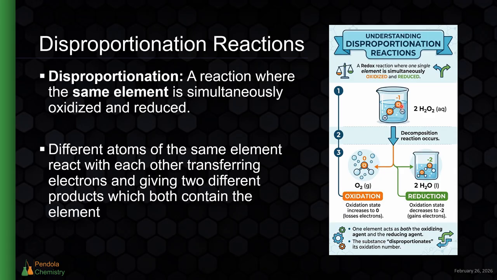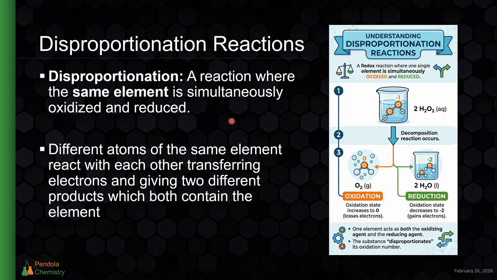Some of the atoms of oxygen become the oxygen in water, getting reduced. Some of the atoms of oxygen become the oxygens in O2, getting oxidized. And that's why this is a disproportionation reaction. One element acts as both the reducing and oxidizing agent, becoming two different products that contain that element.